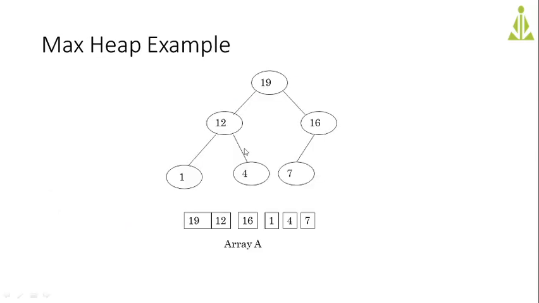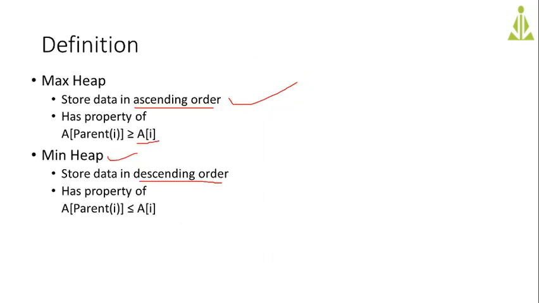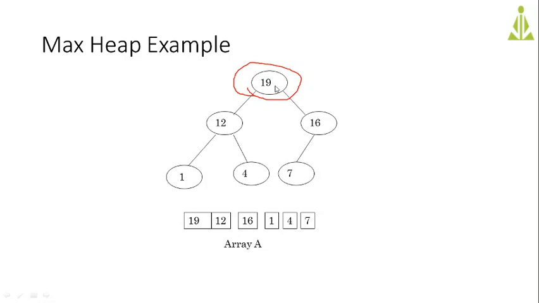Okay, so in the max heap, the root should be greater than or equal to A of i. So this is 19, the maximum value is here, 19, 12, 16, 1, 4, 7.